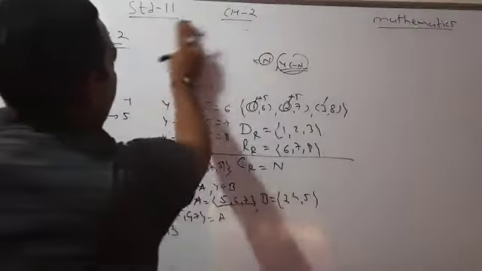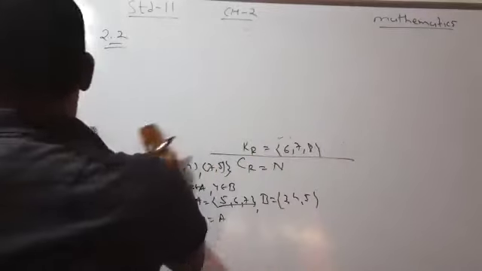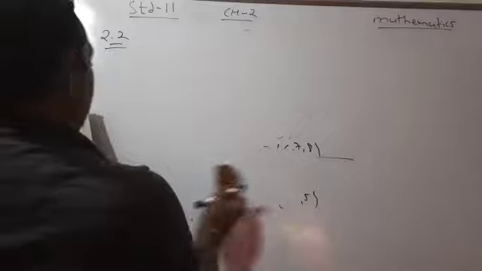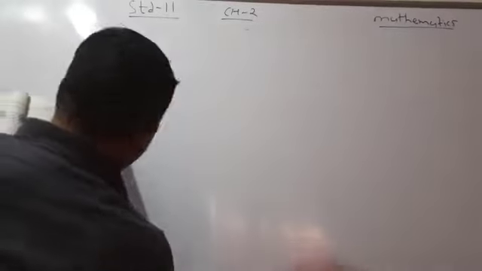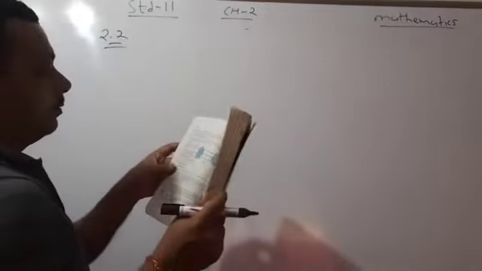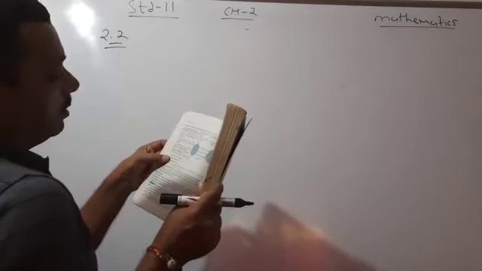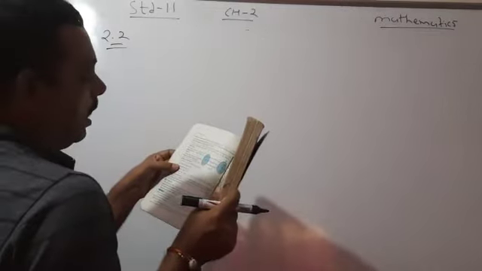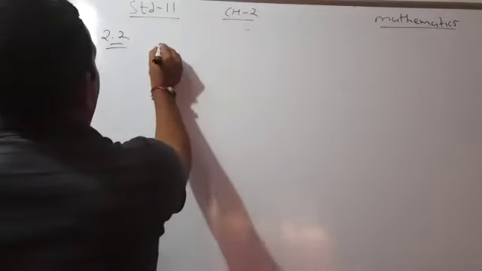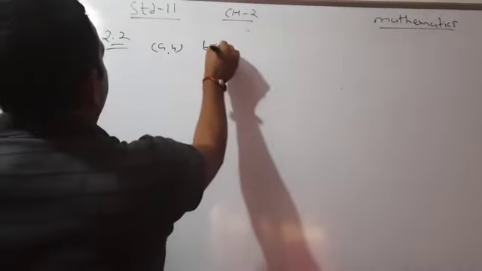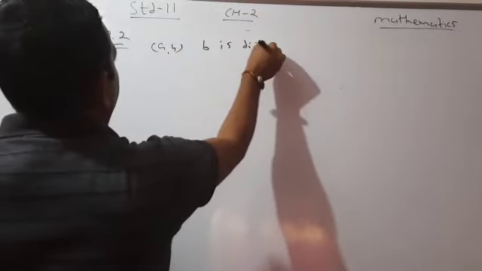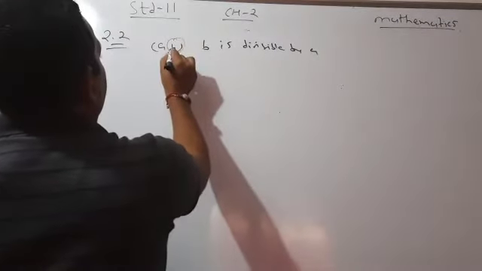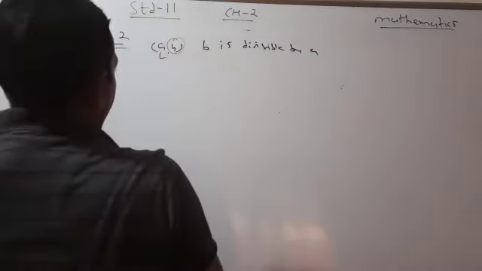See, in question number 5, the question is: let A be given, and let R be the relation on A defined by the ordered pairs (a, b) such that a and b belong to A and b is exactly divisible by a. It means the second entry is divisible by the first entry.